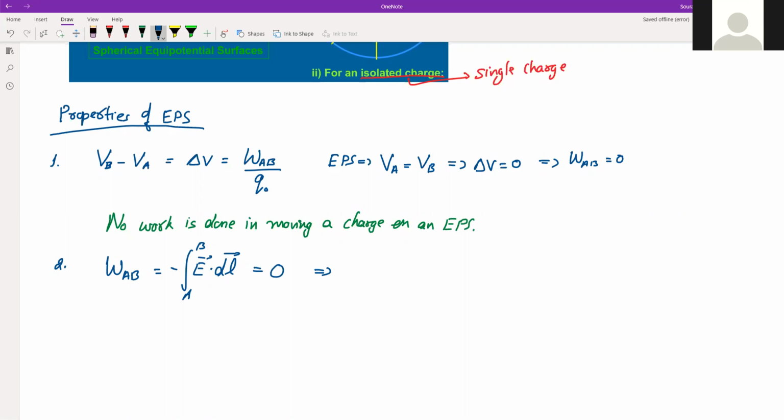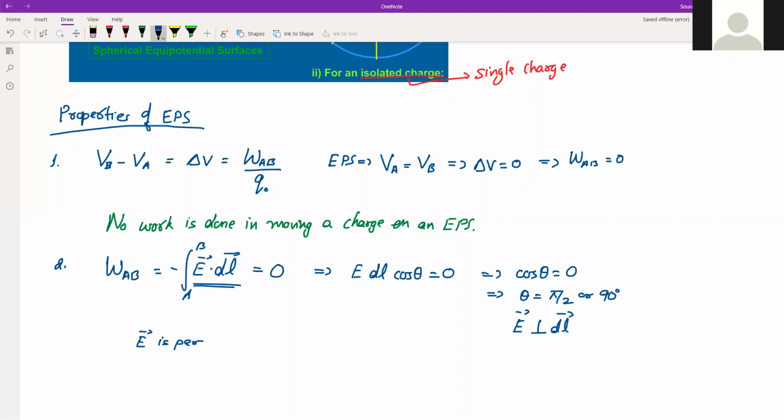What does it mean? It means that this dot product, that is E dl cos theta, is equal to 0. That means cos theta is equal to 0, so theta is equal to pi by 2 or 90 degrees. That means E is perpendicular to dl. So that simply means the electric field is perpendicular to the surface.